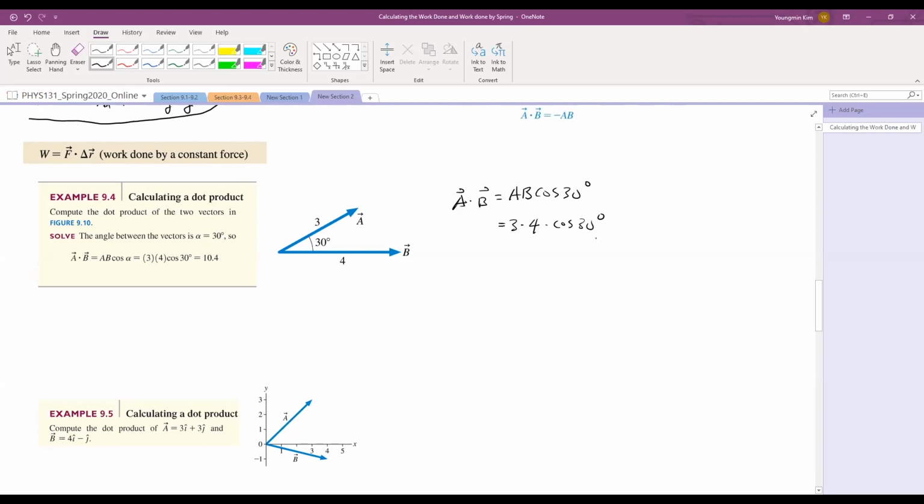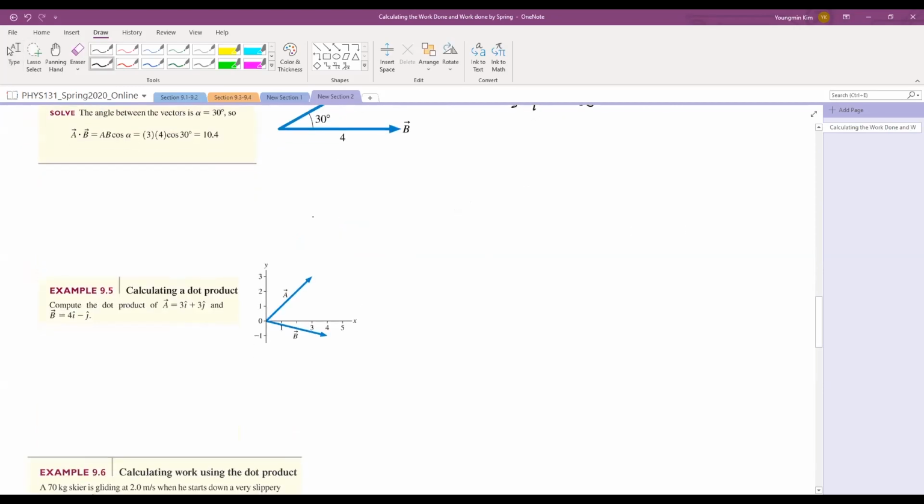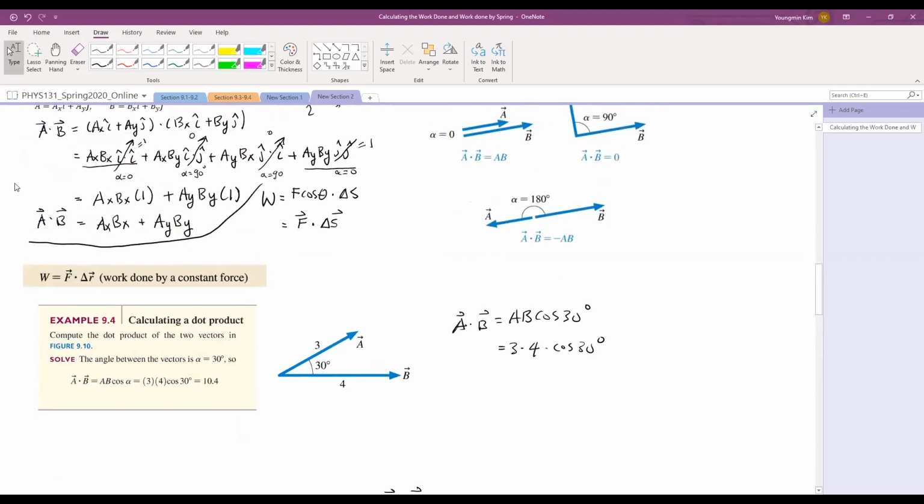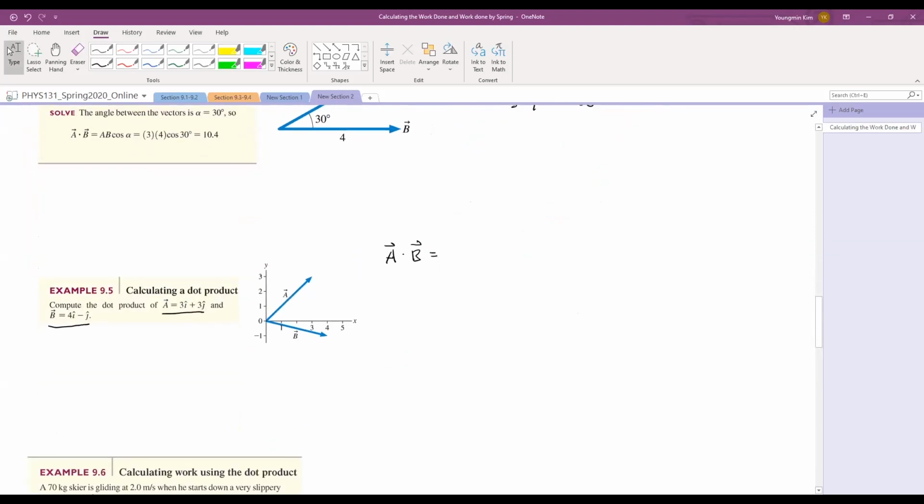Very, very straightforward. Now let's try with the component form. This time, A is this and B is that. And this time, for A dot B, we use the component form. If you remember the property we used, it's simply A_x times B_x plus A_y times B_y.